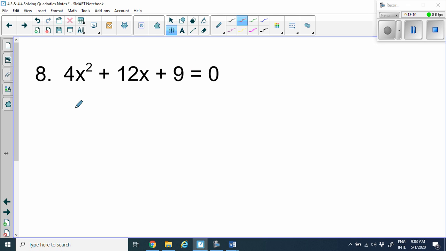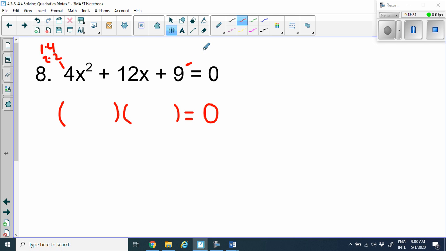So now when we do this, we are going to create our 2 sets of parentheses like we've done before. But instead of just putting x and x, not only do we need to find the numbers that multiply to 9, but we also have to list the numbers that multiply to 4. So for 4, we have 1 and 4, and 2 and 2.